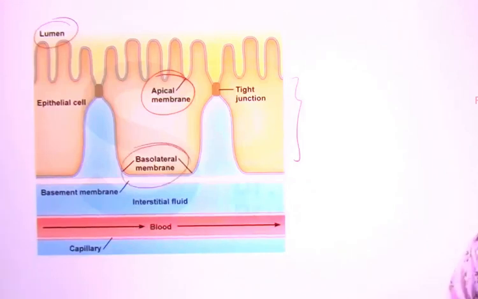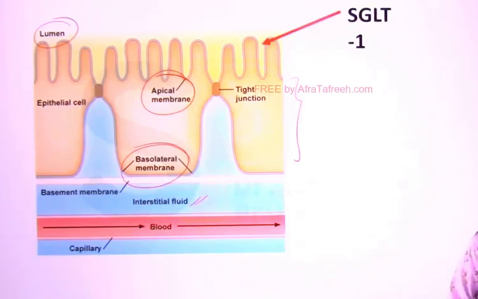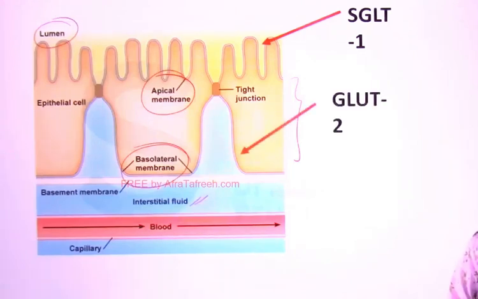This is the basolateral membrane, which is towards the interstitial fluid and blood. Right? Where is GLUT present? Where is SGLT present? See here. On the apical side, SGLT1 is present in intestine. And on the basolateral membrane, GLUT2 is present, which is active during fed state for absorption of glucose, right?